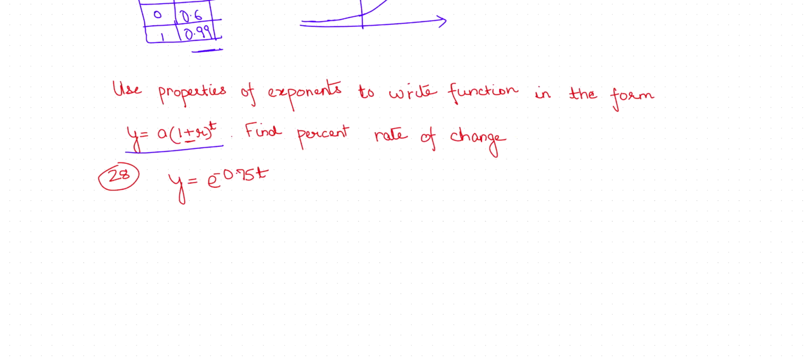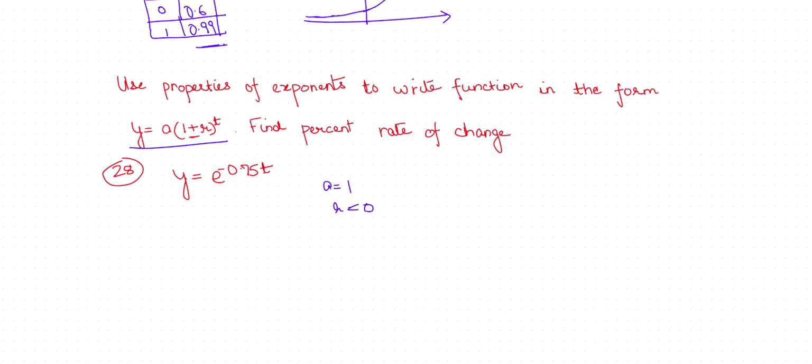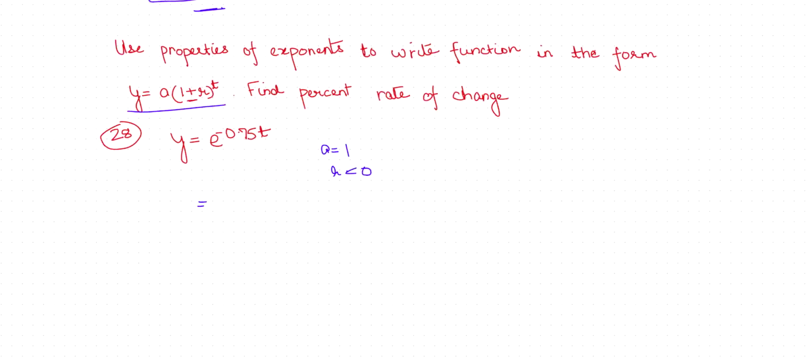We see here that a is equal to 1 and r is less than 0, so it will be an exponential decay. However, we can calculate this. This will be e raised to the power negative 0.75 t, which is approximately 0.472 raised to the power t.